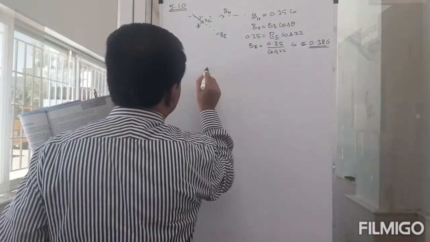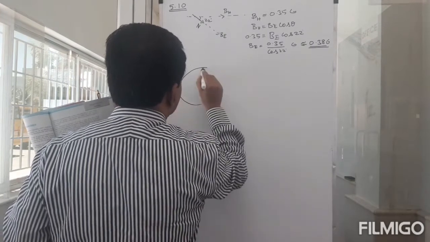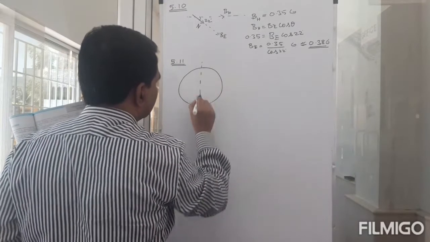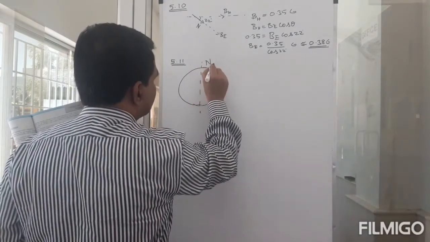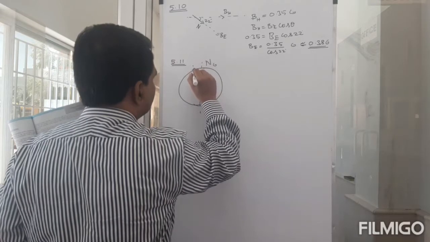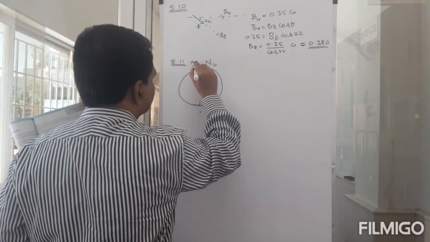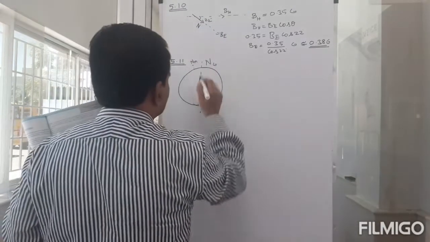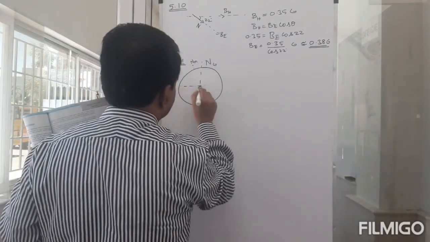So let me draw this now. Let me take this picture. This is the Earth. And this is the geographic north. And here is the magnetic north, which is actually the magnetic south pole. Anyway. So let's say this is the equator.